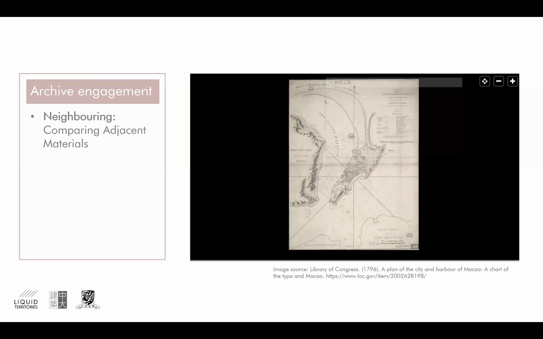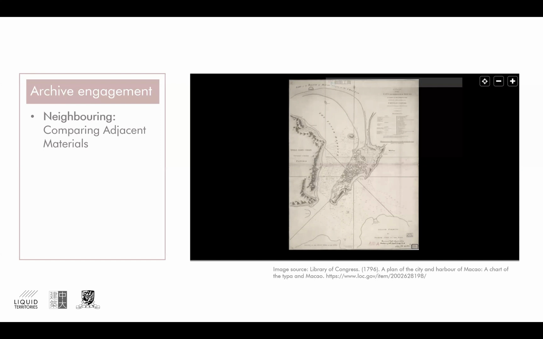This is helpful in looking in digital archives, but also it may become more relevant when you explore physical archives. So once you've selected some of the materials you're interested in, you may book in an appointment in a physical archive, for example, at the university library or some of the Hong Kong-based archives.